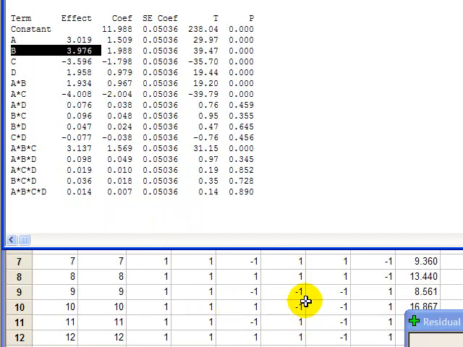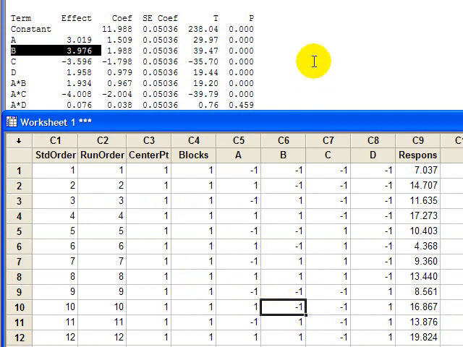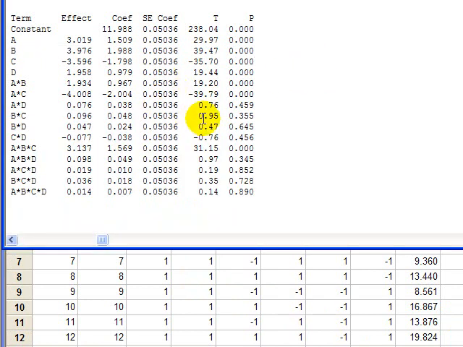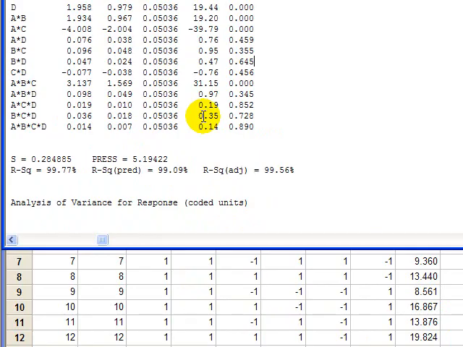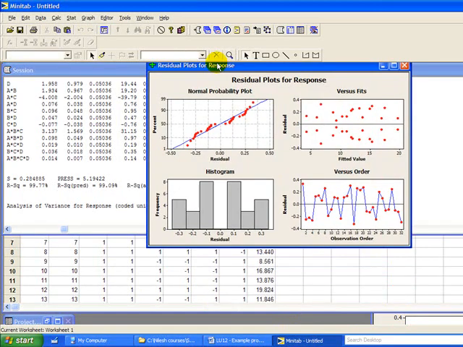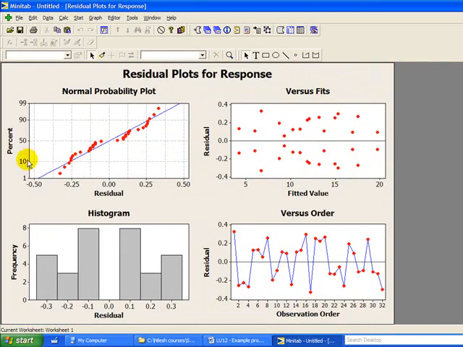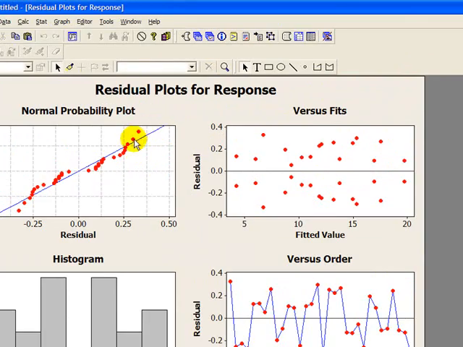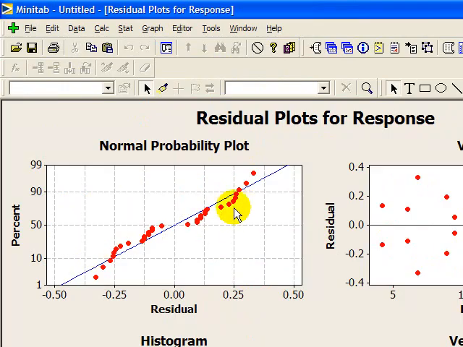Now we'll study this table. Now let's look at the graphs that we have. The first graph I am going to look at is the normal probability plot. You can see here I don't see any abnormality in this plot.